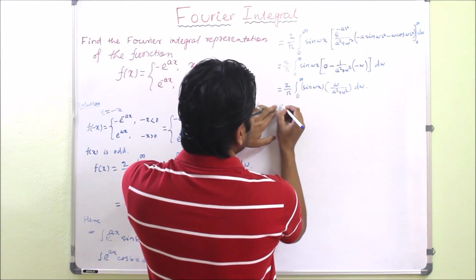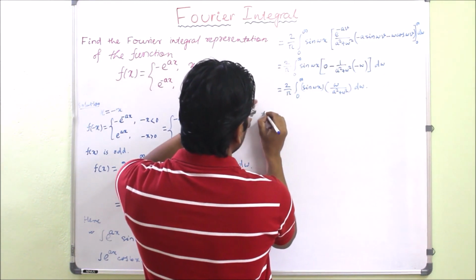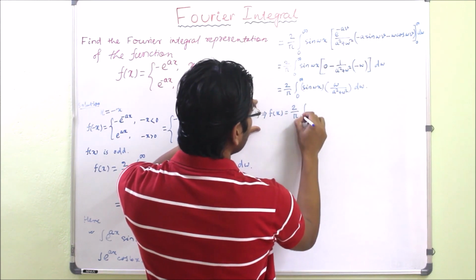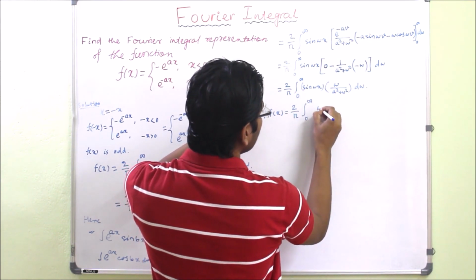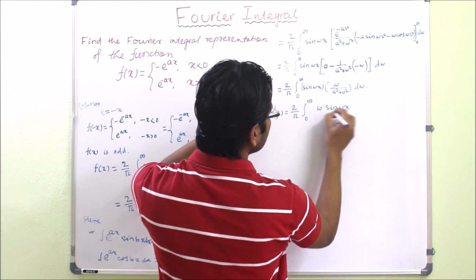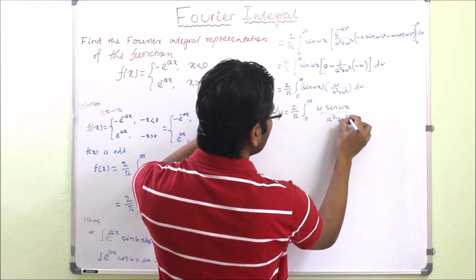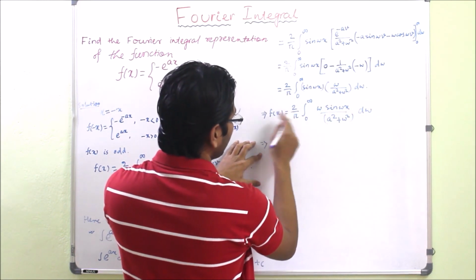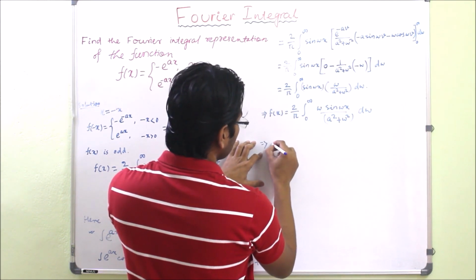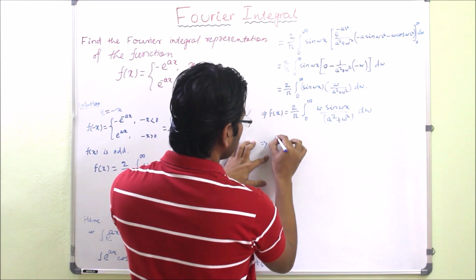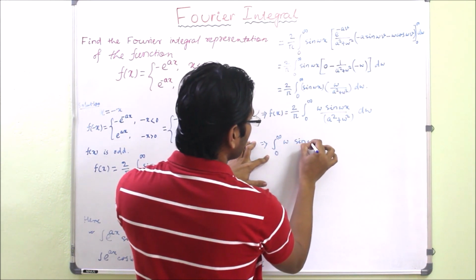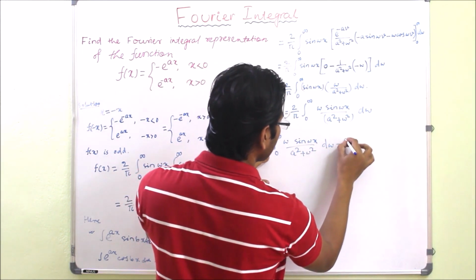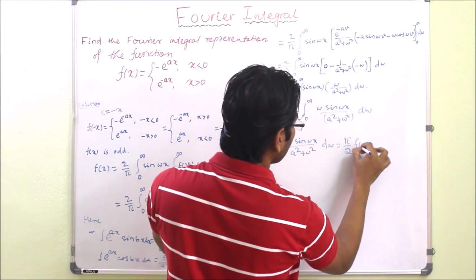So we will write this again. For f of x we are getting 2 by pi, integral from 0 to infinity of w sin wx by a square plus w square dw. Now if we take 2 by pi to the left side, it will be pi by 2. So we get the integral from 0 to infinity of w sin wx by a square plus w square dw equal to pi by 2 times f of x.